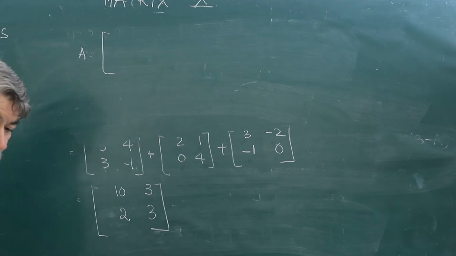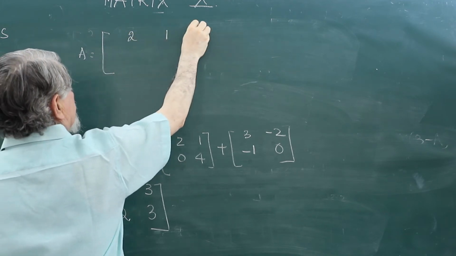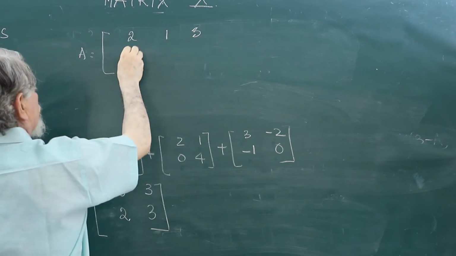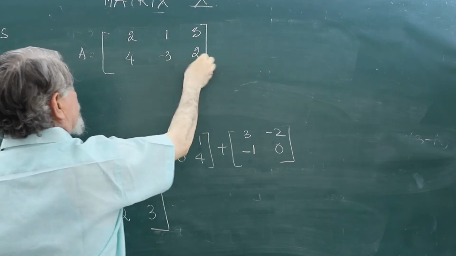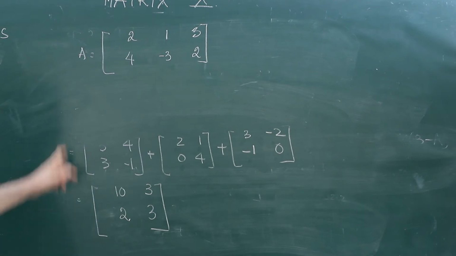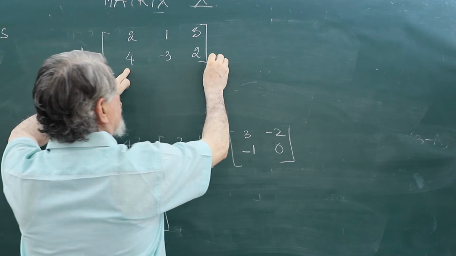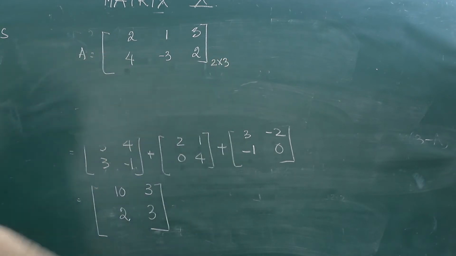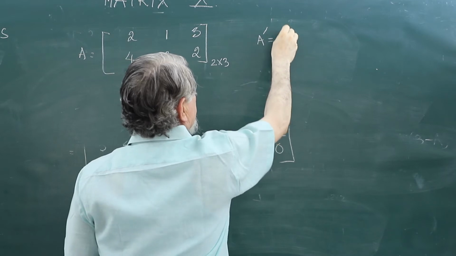Matrix A is given as 2, 1, 3 and 4, minus 3, 2. This is the matrix A. The order of this matrix is number of rows into number of columns. There are 2 rows and 3 columns. So when I find the transpose of this matrix, I'll get A dash or A T.